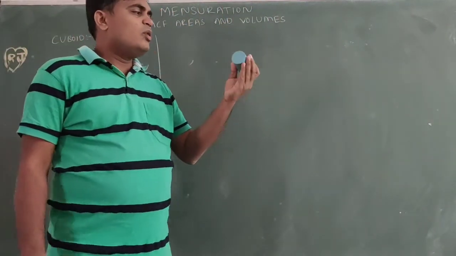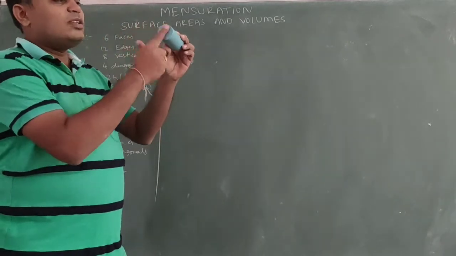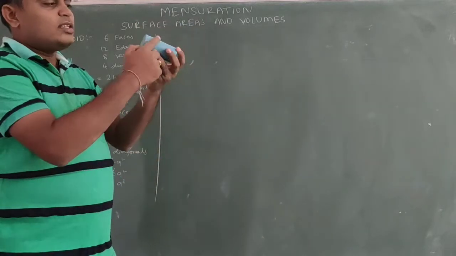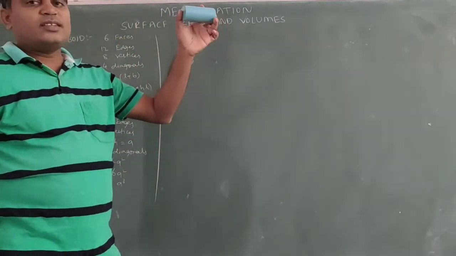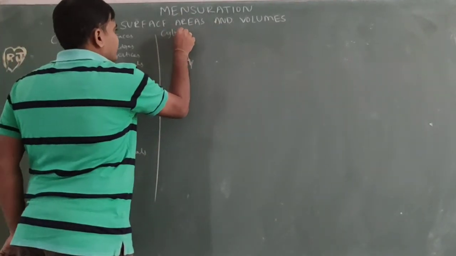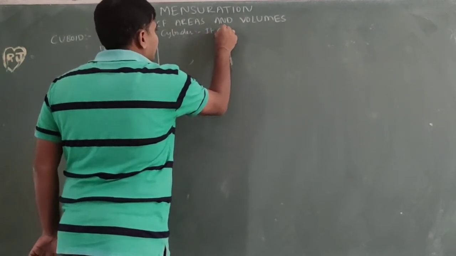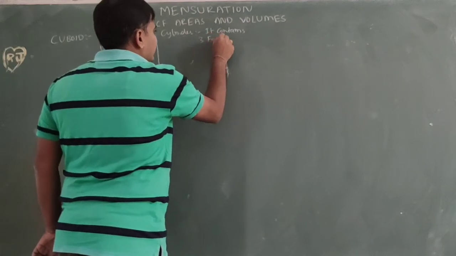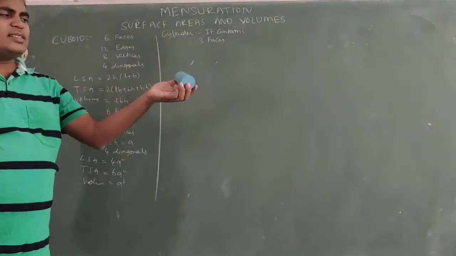Cylinder. If we observe how many faces the cylinder has: this is one flat face, this is also a flat face, and this is the curved face. So 3 faces. It doesn't contain any vertices.